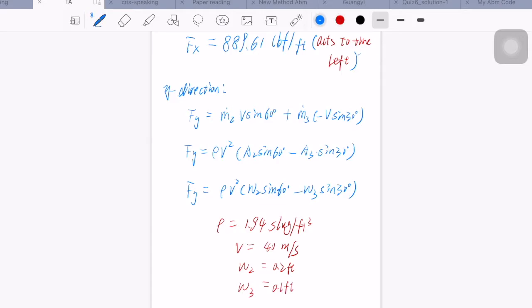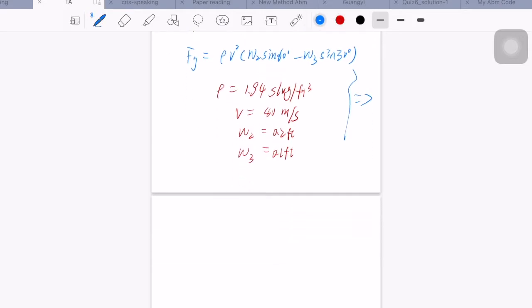So we can determine that Fy should be equal to 382.43 pounds force per foot, in the direction x upward.